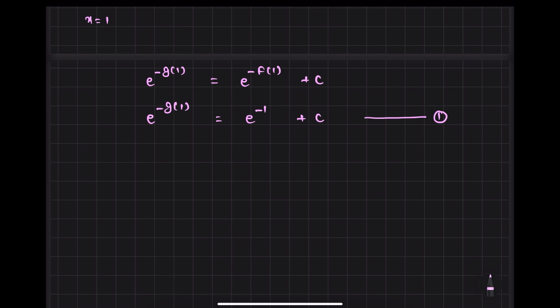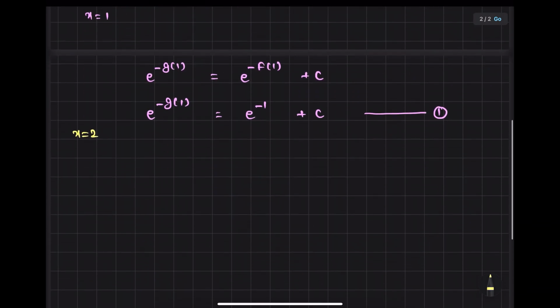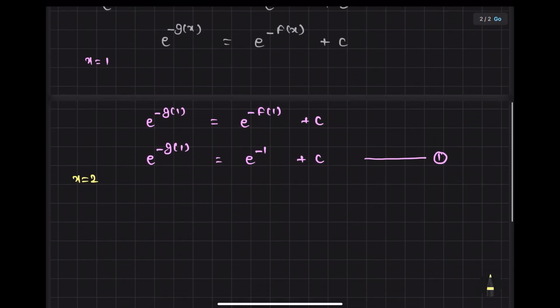Now what we will do? We will replace x with 2, because they have given you the value of g of 2 as well. Okay. So same thing, e power minus g of 2 is equal to e power minus f of 2 plus c.